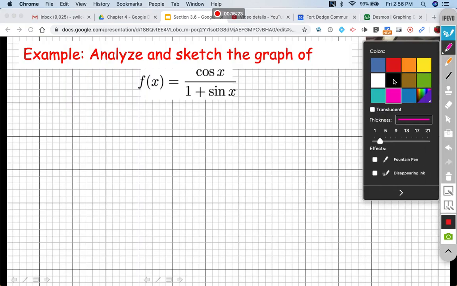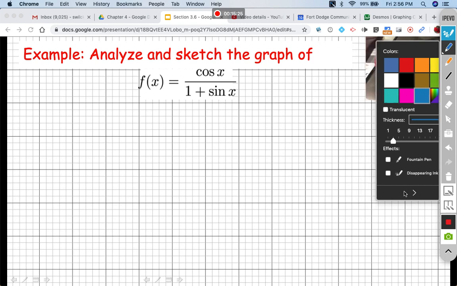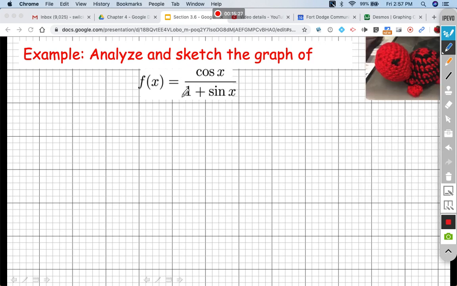When we look at our domain and range, or our domain especially, here we have 1 plus sine in the denominator. So 1 plus sine x equals 0 when x equals 3 pi over 2 plus 2 pi n. We got an infinite number of asymptotes on here.